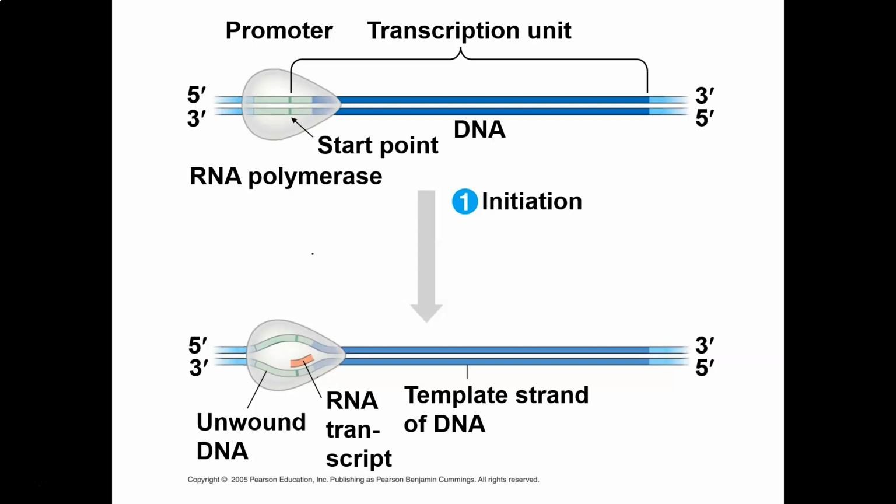You have to separate the two strands. We see that happening down here. The hydrogen bonds between the nitrogen bases are broken, and the two strands are going to unzip or separate, and you see a little piece of RNA being synthesized here. The enzyme that orchestrates this is called RNA polymerase.